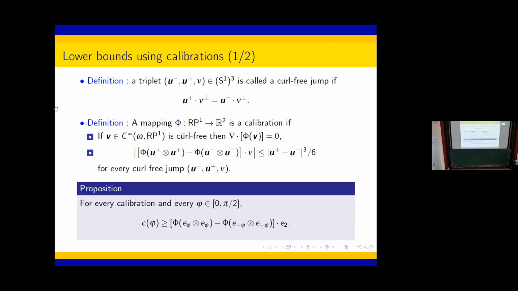For every calibration, the cost to go from u minus to u plus is bounded by the jump of phi between the bottom value and the upper value. E2 is the vertical direction.